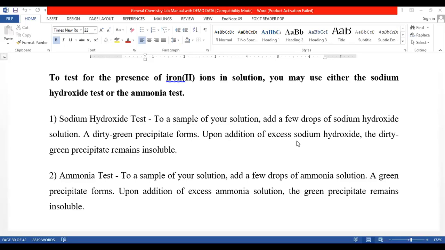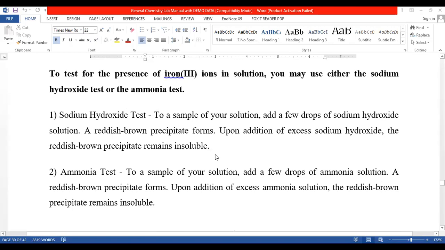Upon addition of excess sodium hydroxide, the dirty green precipitate remains insoluble. That means it is insoluble in sodium hydroxide even. In the case of the ammonia test, if you add a few drops of ammonia solution, a green precipitate will be formed, and on addition of excess ammonia solution, the green precipitate will be insoluble. So this is the identification test for iron 2 ion.